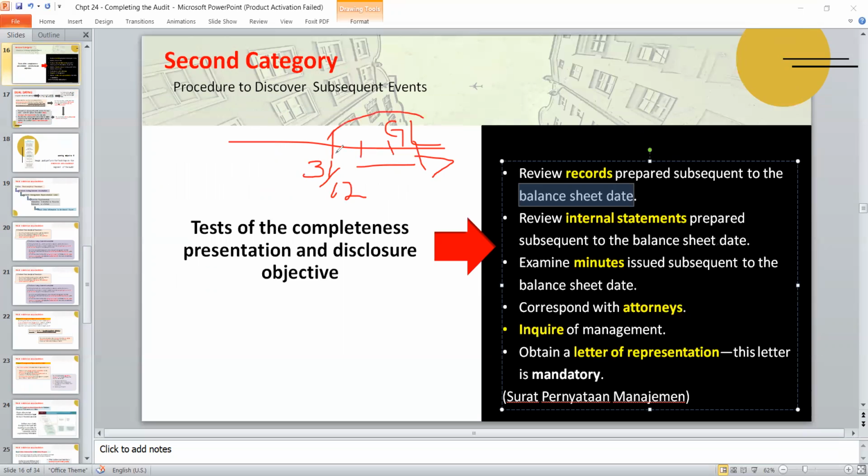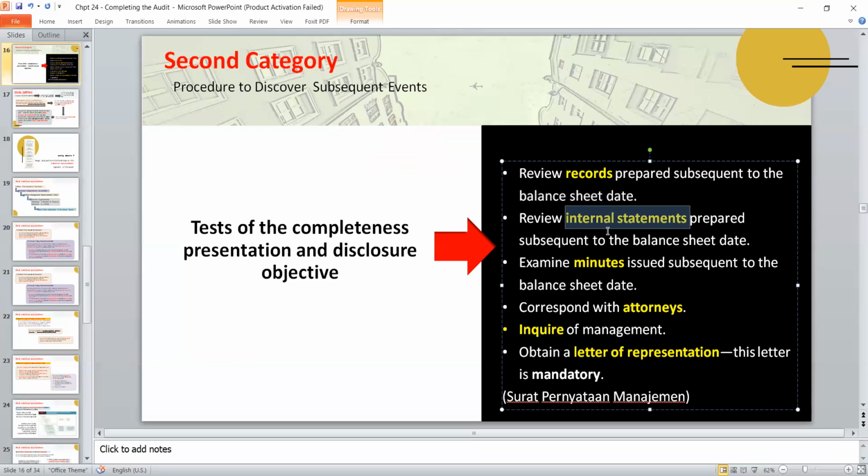What kind of transactions and events occur after the balance sheet date? Review the internal statements prepared by the client, not audited, subsequent to the balance sheet. So you review their financial statements.